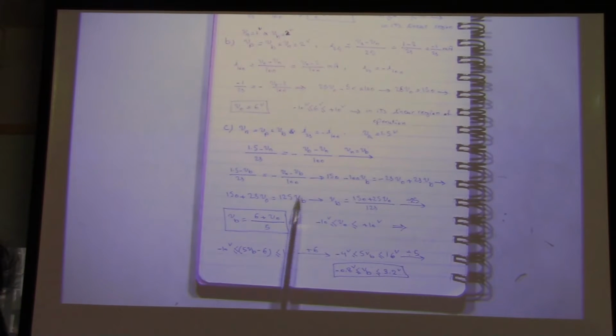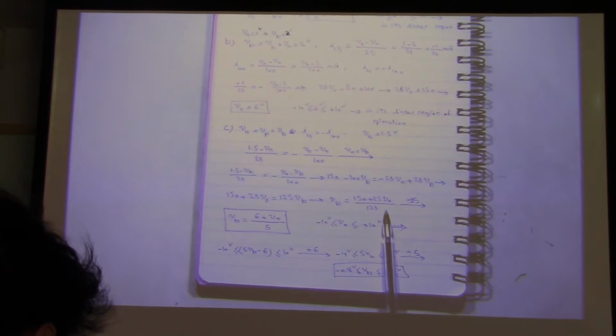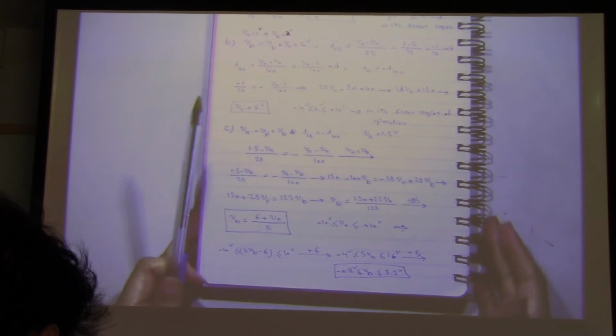So from here, if you rearrange this equation, you get Vb as a function of V out. So over here, I just divided by 25 to make it simpler. So we already know that if we want to stay in linear region, V out must be between minus 10 and 10. Why minus 10 and 10?